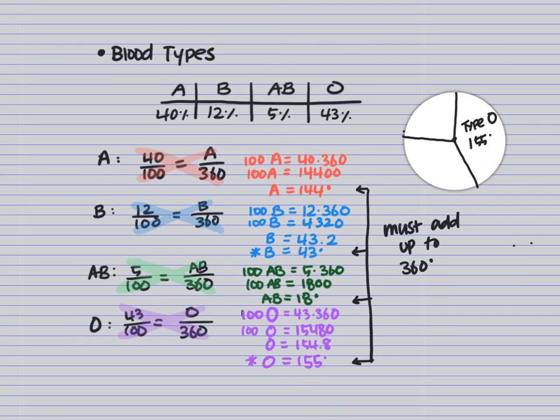We don't know because we're not robots to know exactly how things are, so that's why it's important to write down the angle degrees as 144, because in reality I may make it larger than 155. And then the other two, 43 is going to be significantly bigger than 18, so I'm going to just make it something like this and put type B, 43 degrees, and this is going to be type AB, which is going to be 18 degrees.